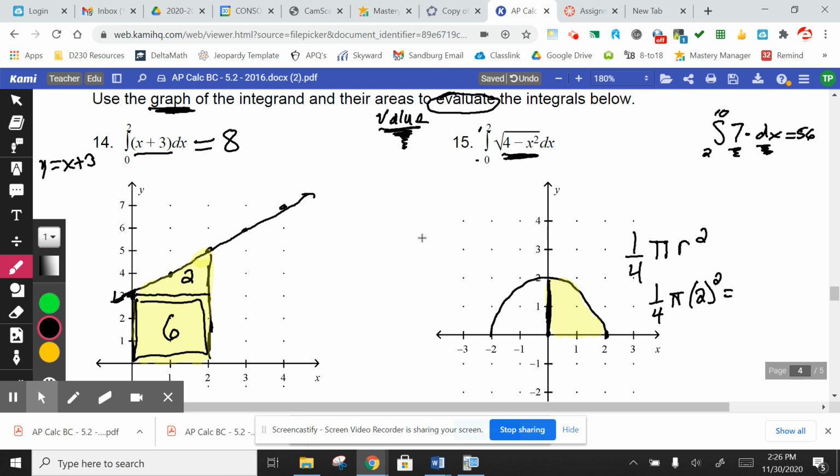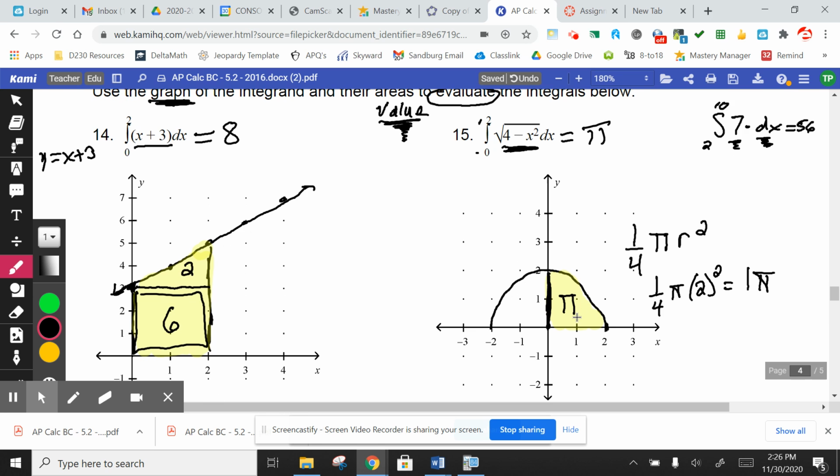So 2 squared is a 4 times a 1/4 should just give us a 1 pi. That's the area of that little segment there, that quarter circle. So this has a value of pi. And then that's it for 15. But again, keeping in mind value versus area, those currently would have the same answer. The value is pi, the area would also be pi.